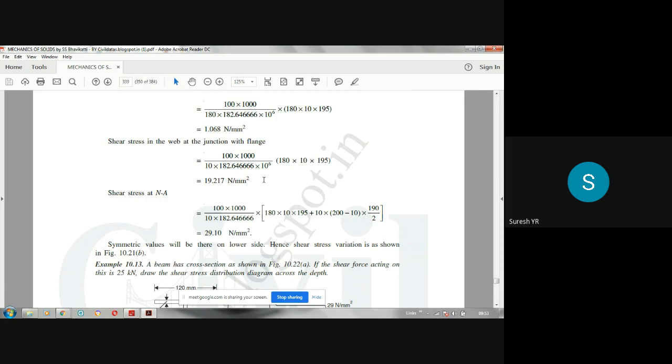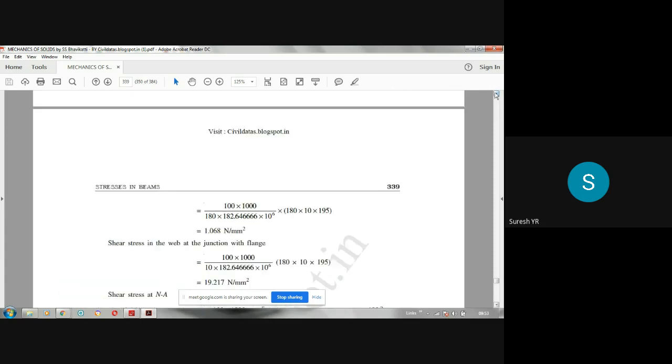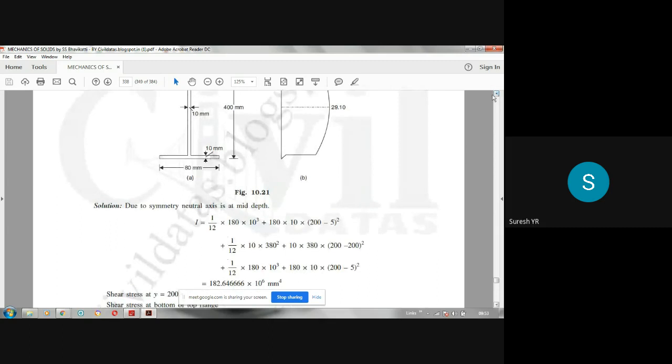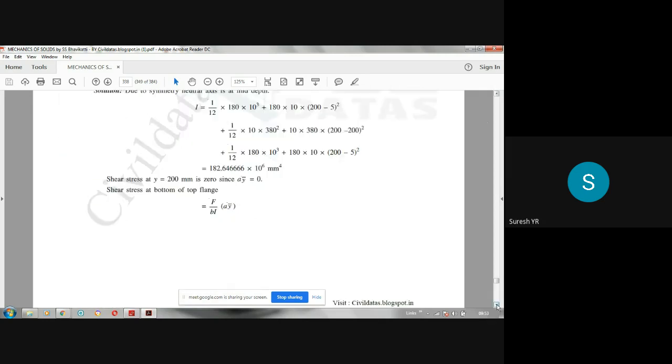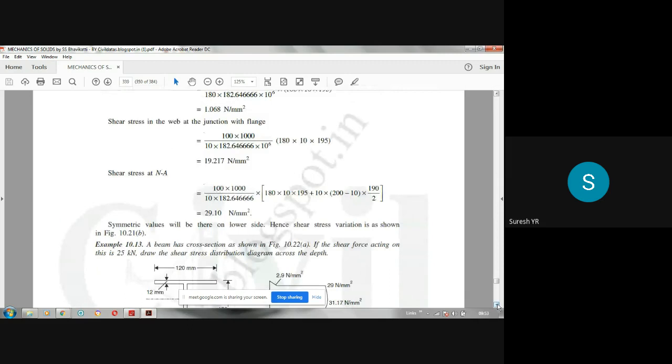Now, you have to calculate the maximum shear stress also. We know that maximum shear stress occurs at the neutral axis level. We know that the neutral axis in this problem coincides with the centroidal axis. So neutral axis means here. So we have to calculate the value of the shear stress there.